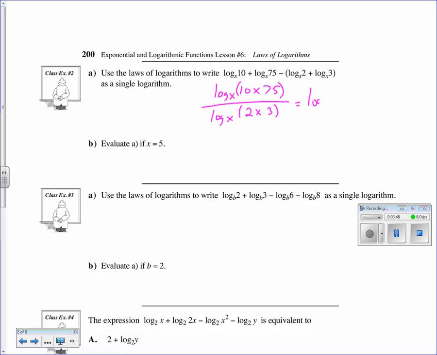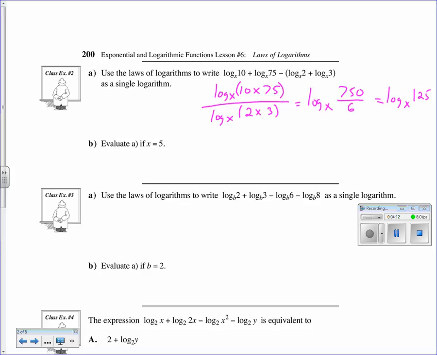So that's log base x of 750 divided by 6. That's how that simplifies into a single logarithm, and I can actually go one step further and divide 750 by 6, which will be 125. So log base x of 125.